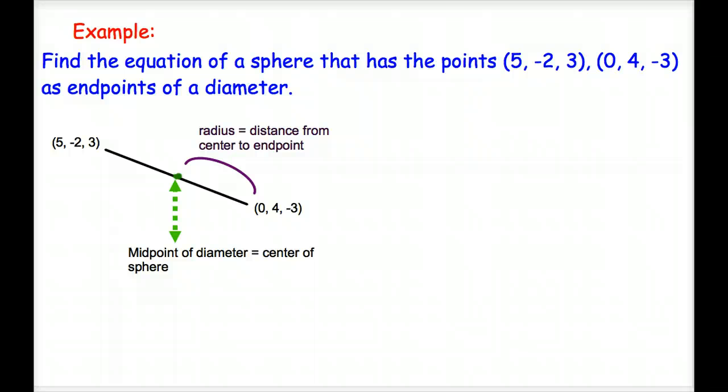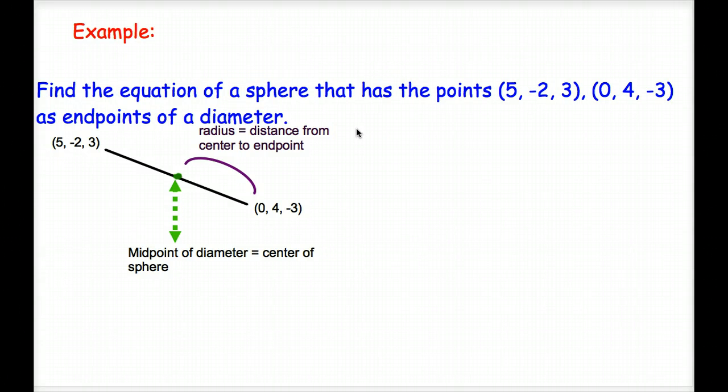So what I'm going to need to do is find the middle of the diameter by using the midpoint. That will give me the center of my sphere. So to do that, I'm going to add my x components, that's a 5, and divide that by 2.